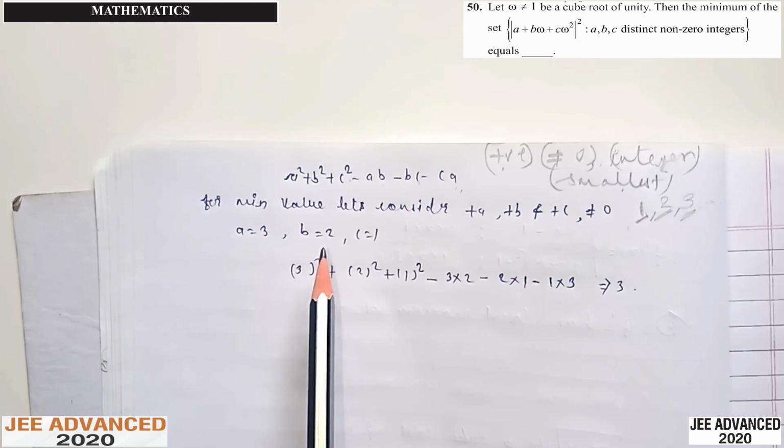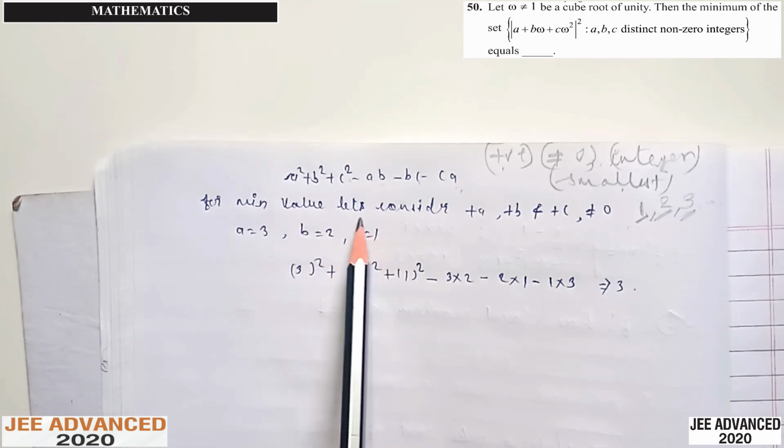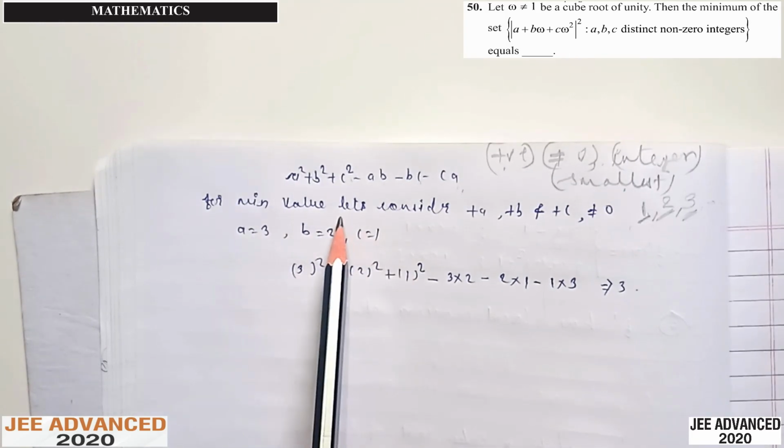That means the smallest will be the first number, we can take 1, all need to be different, so you cannot repeat 1. Second we can take 2, and third we can take 3. So we got the 3 numbers. As I did here, I consider a is 3, b is 2, and c is 1. Why did I consider these choices for a, b, c?